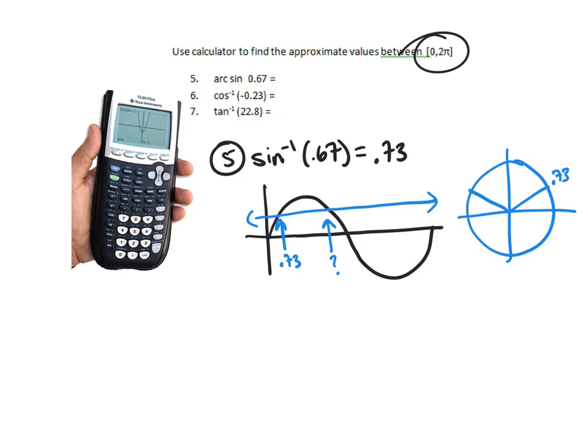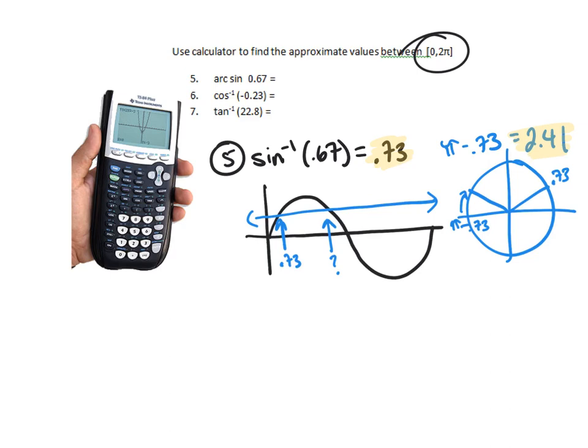Well, in order to figure that out, you're going to have to figure out pi and subtract 0.73. So pi minus 0.73 ends up giving you, it's like 2.41. So there's two answers here. And each one, they're done a little bit differently. You just kind of have to think about the unit circle.